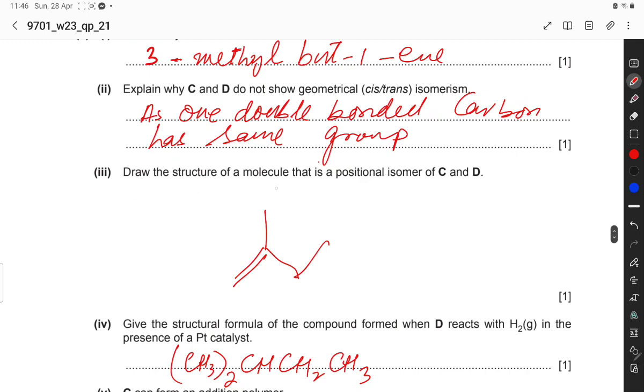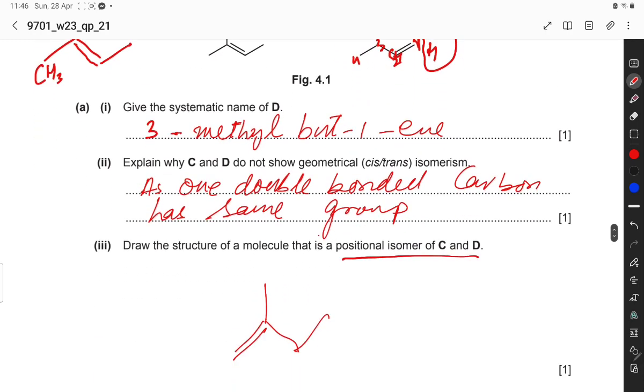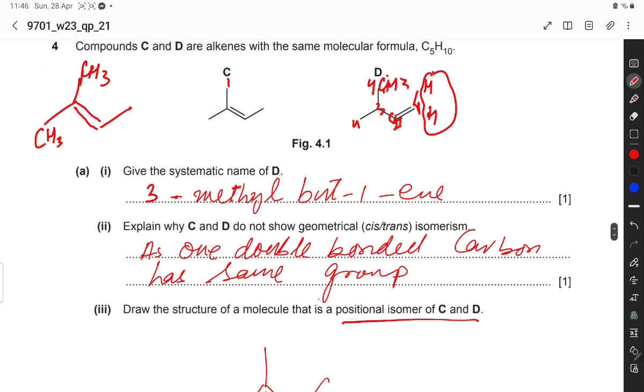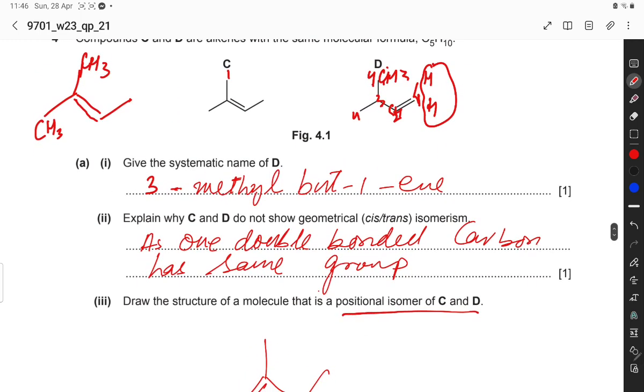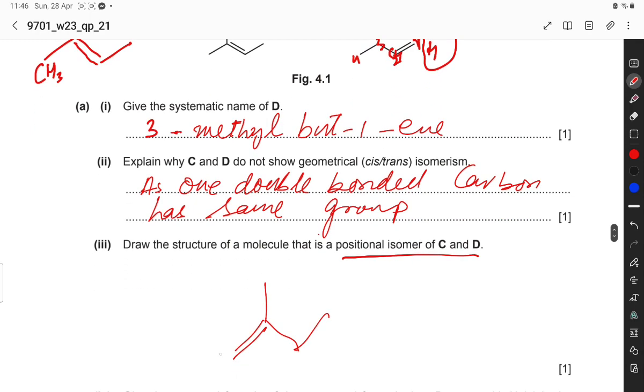Draw the structure of a molecule that is a positional isomer of C and D. This is a positional isomer. So this is 1, 2, 3, 4.